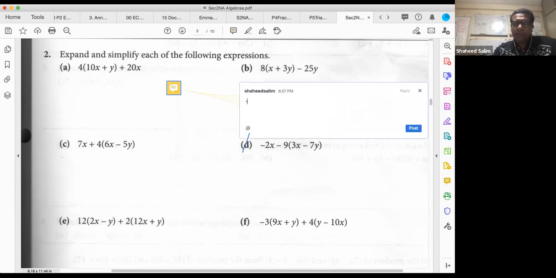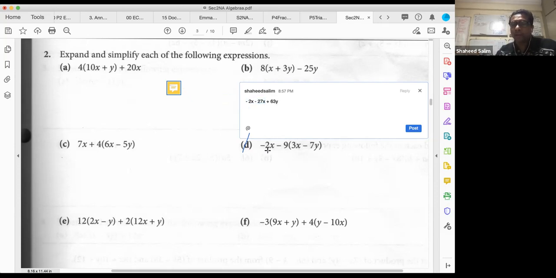So I just copy this minus 2x. Then I times it on 9 times 3, 27, minus 27x. 9 times 7y, 63y. Minus and minus give you plus. So these two, Ryan, you must combine: minus 2x and minus 27x.